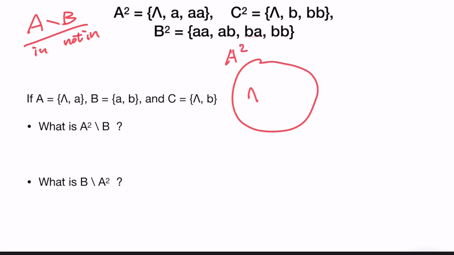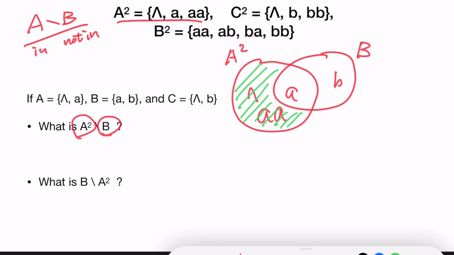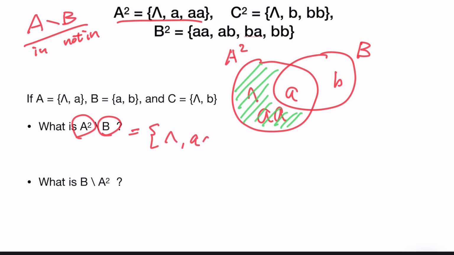We have lambda, A, AA. And in B, we have A and B. Let's shade the area where we would be in A square, but not in B. That would be the set that satisfies that condition. Therefore, the answer should be lambda, AA.